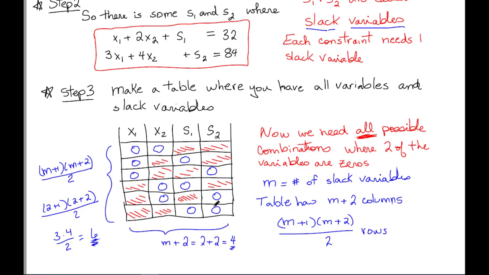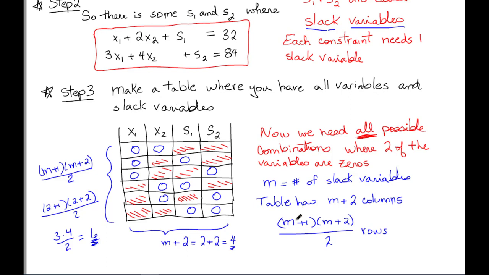Now, there's a way to predict how many you're going to have. And that prediction is if m is the number of slack variables, then you're going to have m plus 2 columns. Okay, we have 4 columns, 2 plus 2.